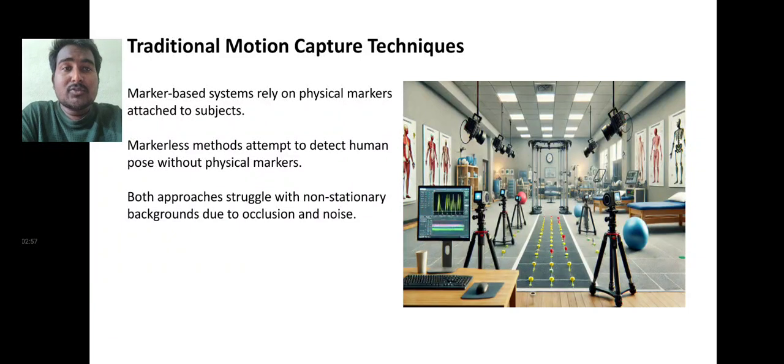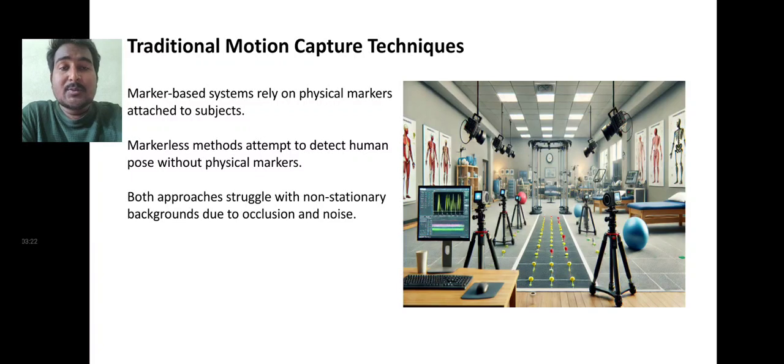Traditional motion capture techniques. In motion capture, we have the traditional and presently available techniques. Let us discuss the traditional motion capture techniques. Marker based systems rely on physical markers attached to subjects.